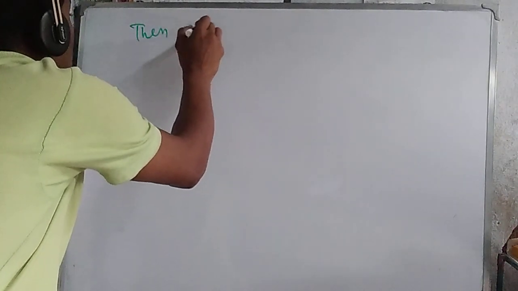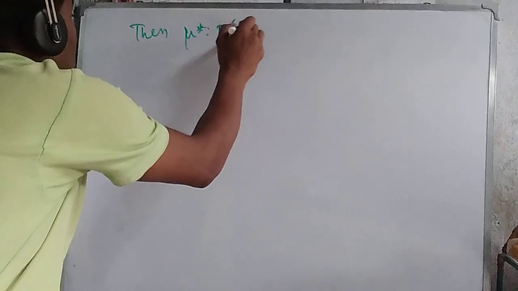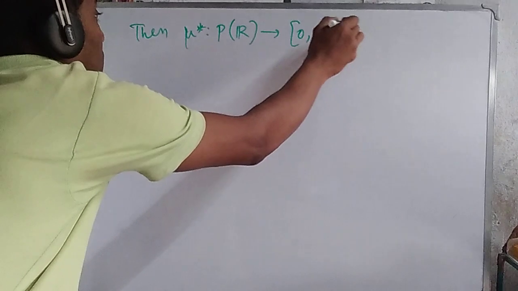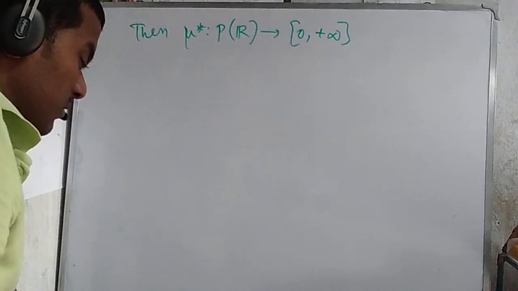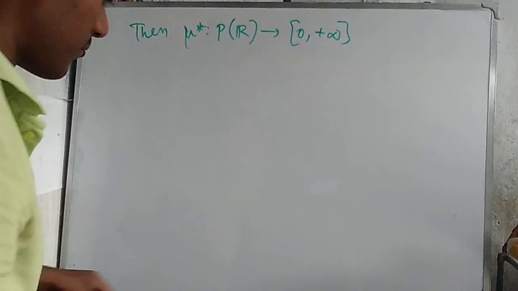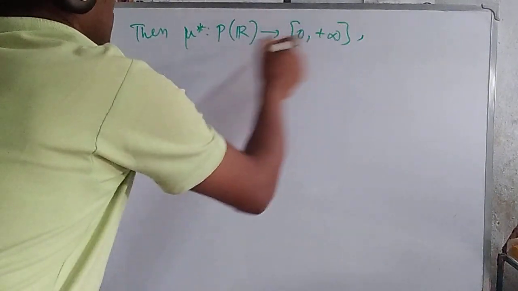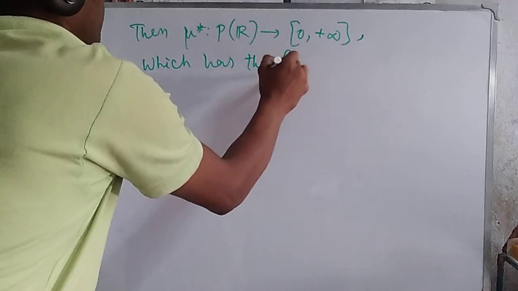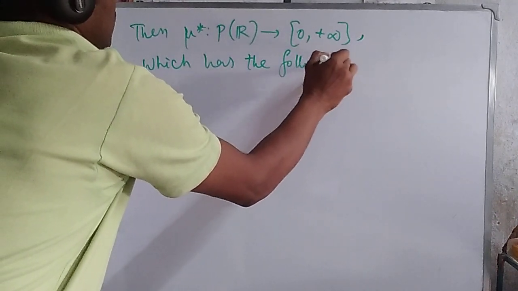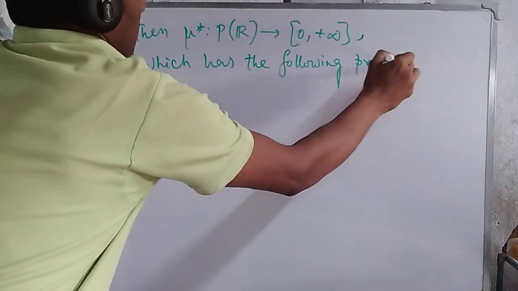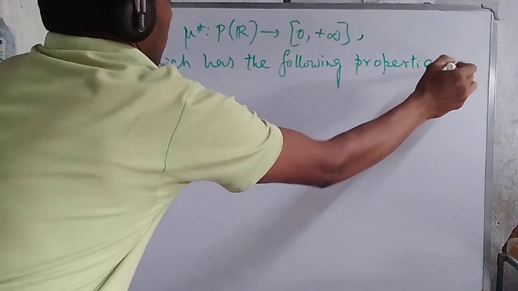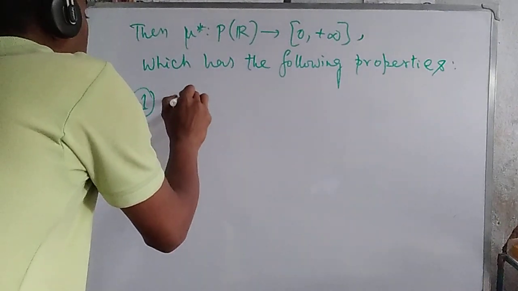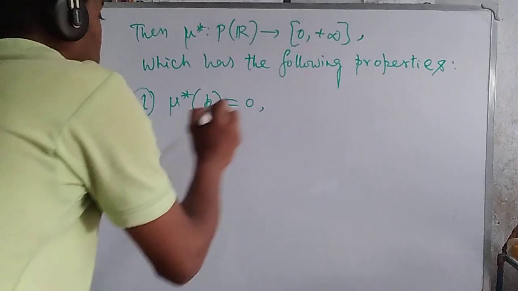Then mu star from R to [0, plus infinity] has the following properties. First, mu star of phi equals 0.